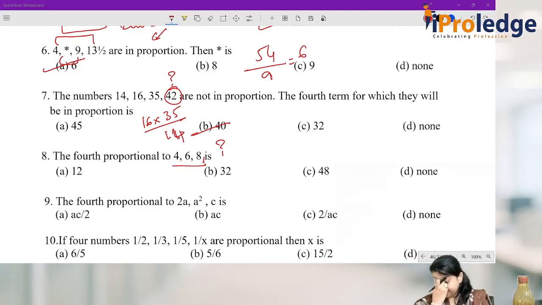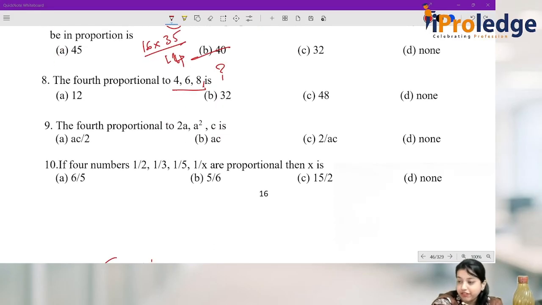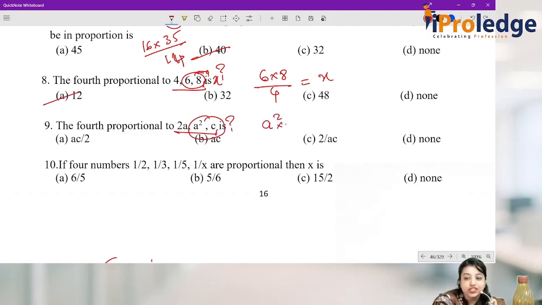Okay, we'll continue. So now in the fourth proportion you are finding the last number. The last number will be x: multiply the middle two, 6 into 8, divided by the first number, equal to x. What's the answer? 12. Next, again the fourth proportion we are finding the last. Multiply the middle two, a square into c, divided by 2a. One a and one a get cancelled. It will be ac by 2.